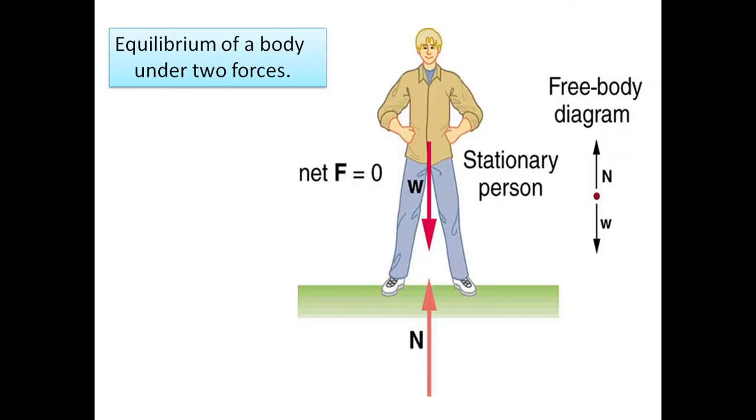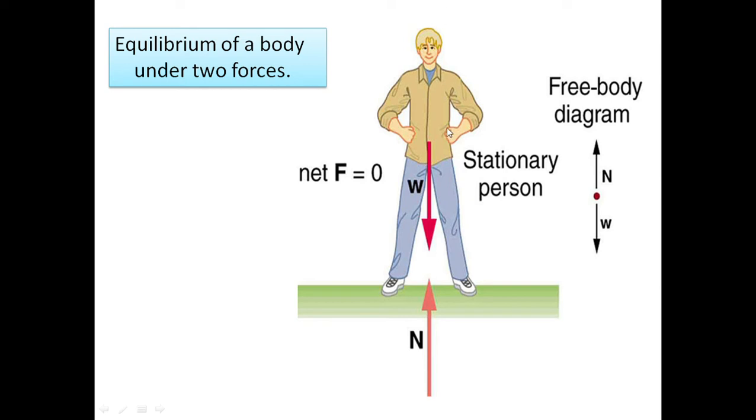Now look at the first picture. Here, first we will take equilibrium of a body under two forces. Now look at this picture. The weight acts towards the earth like this, and the earth applies an upward force on the body of this person.